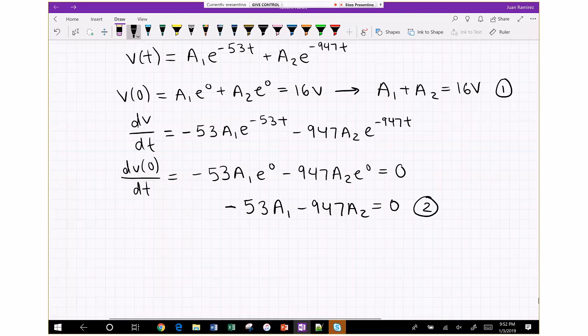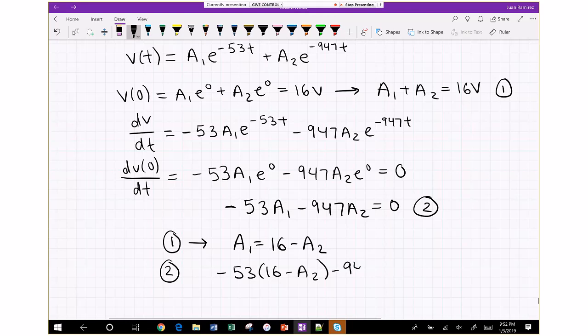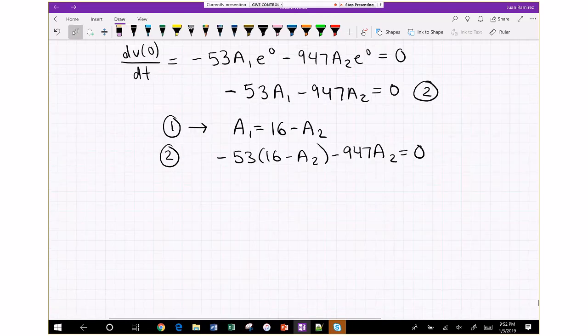So we can do some simple algebra. So let's say we take equation 1 and we solve for A1. And we plug that into equation 2. And it looks something like this. And then you do some math.